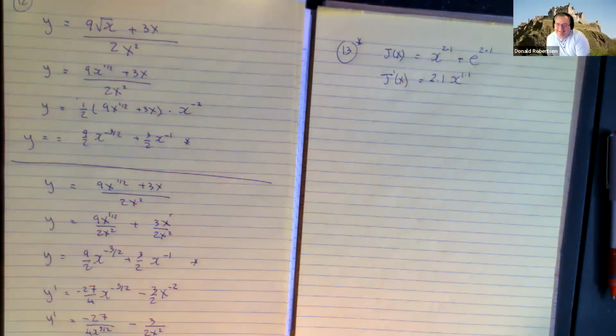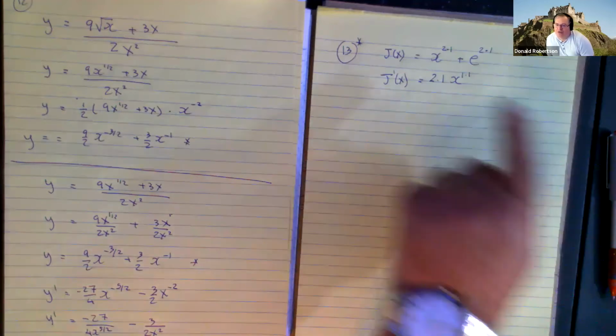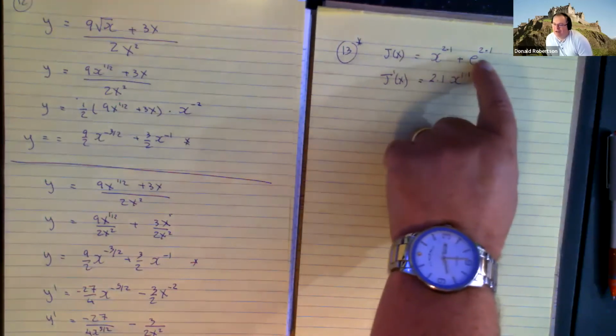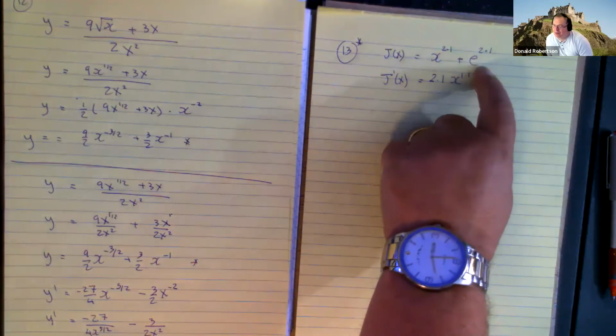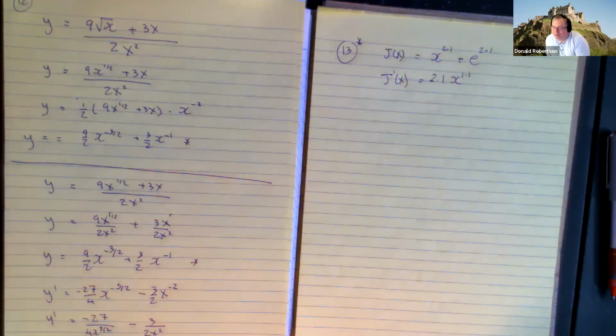You caught yourself perfectly in time, right? Can you see how tempting it is when you have a 2.1 over here that it'll influence how you look at that? But you caught it exactly when you should have, before you wrote anything down, or I wrote anything down. E to the 2.1 is just a number, isn't it? Just like e squared or the square root of e or any other e that you can think of that only has numbers. And aren't the derivatives of even the weirdest ones just zero?